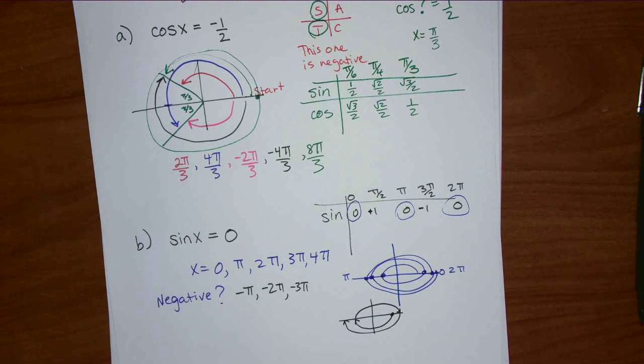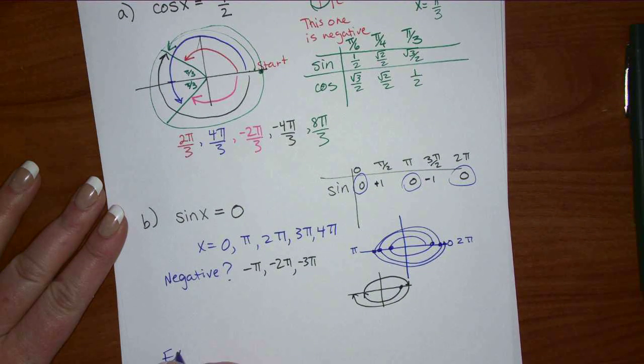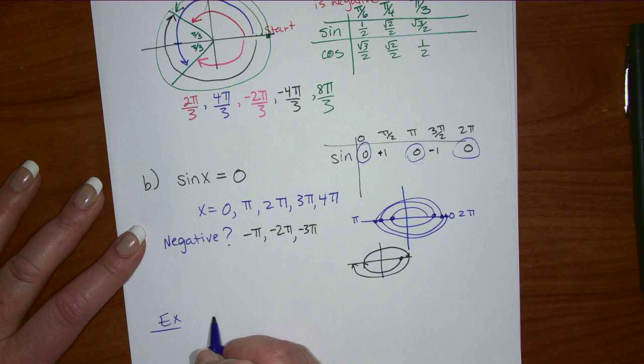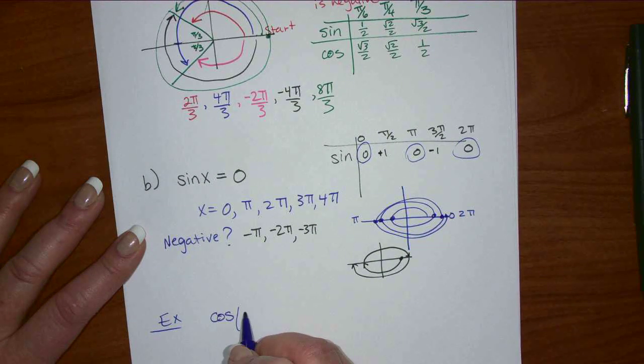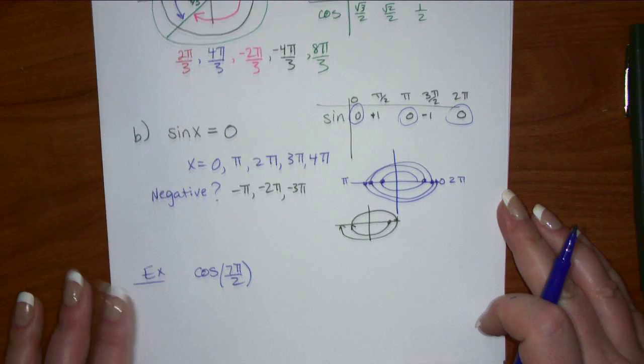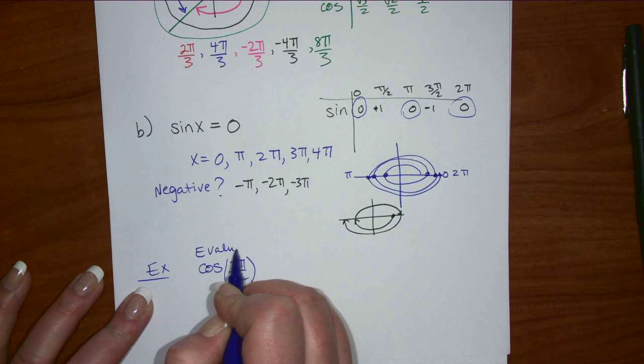So, for example, if I wanted to find cos of 7 pi over 2, well, pi over 2's land on an axis. If I wanted to just evaluate this, get the answer to that.